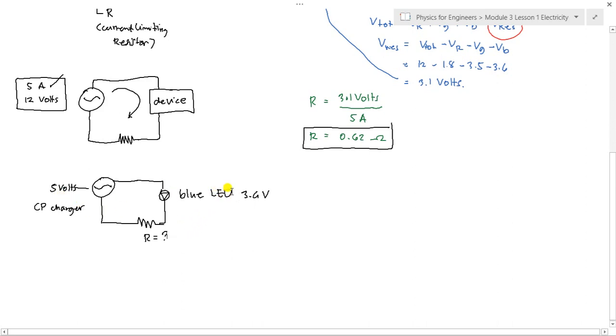I-subtract nimo ang 5 volts minus 3.6 divide by the current. And class, if you're not sure with the current of the source, adto ka sa datasheet, meaning kung unsa ang maximum current sa LED. Kung ma-exceed, mabuto siya.